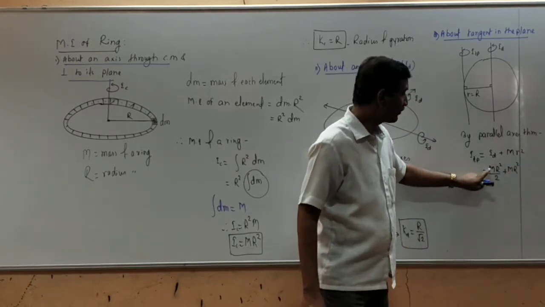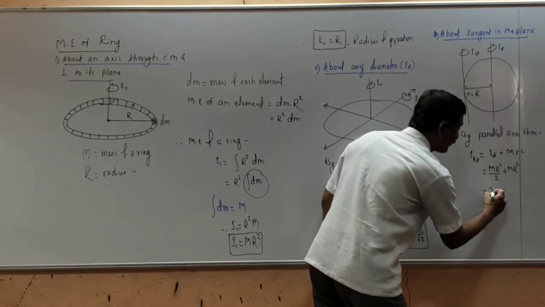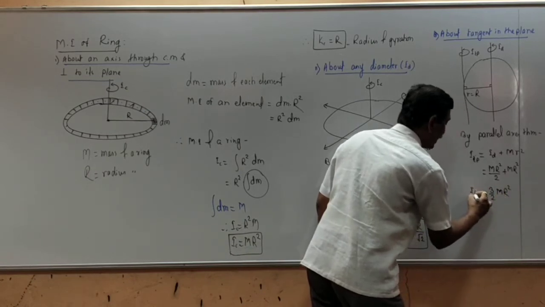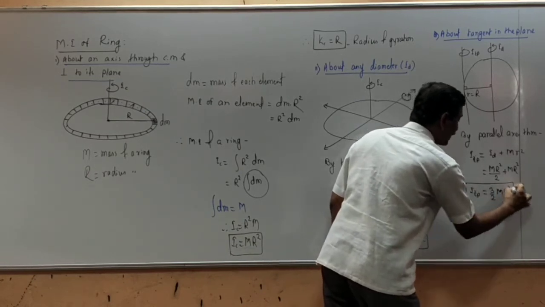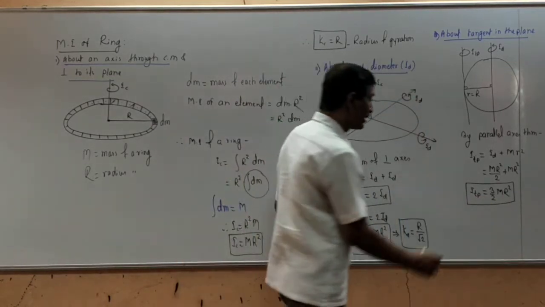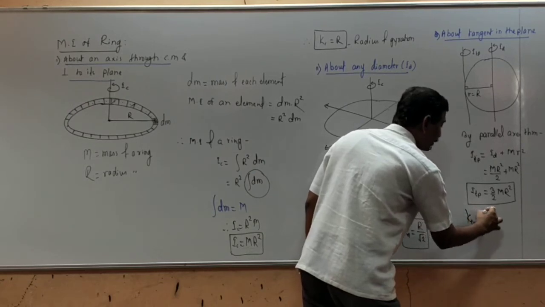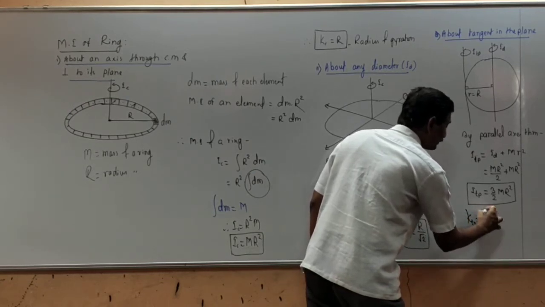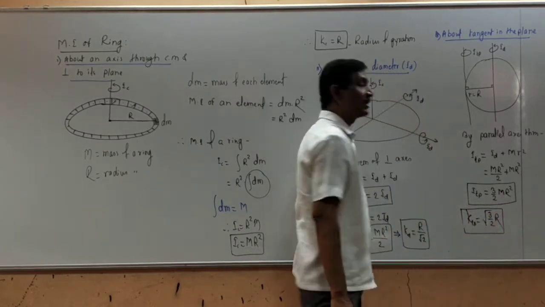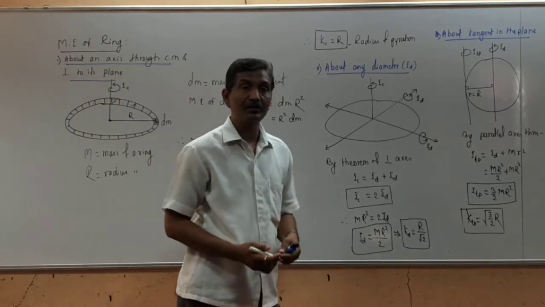By LCM it is 1 mr square plus 2 mr square. Therefore it is 3 by 2 mr square. So ITP, the moment of inertia about the tangent in the plane, is 3 by 2 mr square. Its radius of gyration KTP is root 3 by 2 into r. Compare the formula with mk square, we get k square is equal to 3 by 2 r square, and hence k is root 3 by 2 into r.